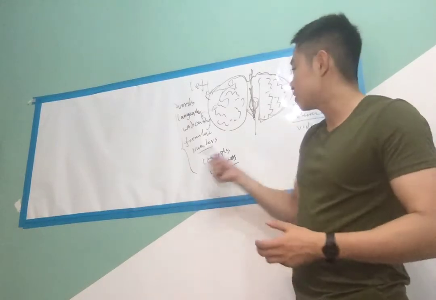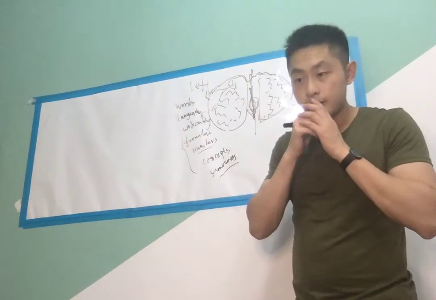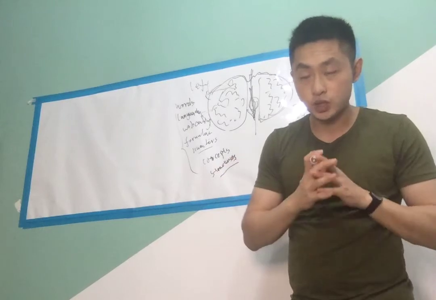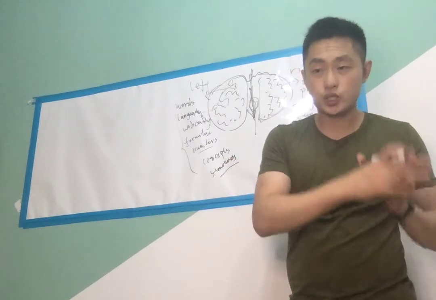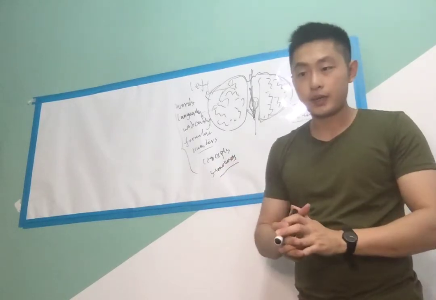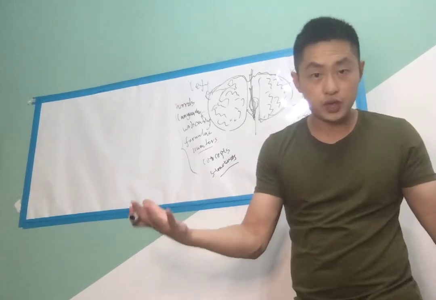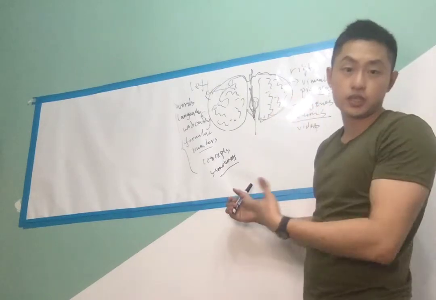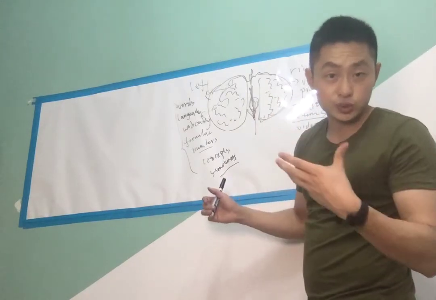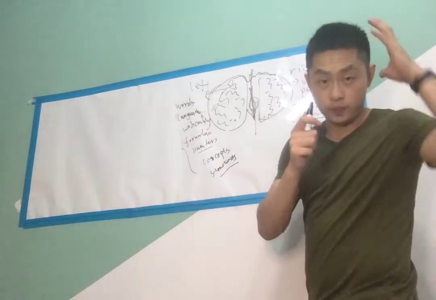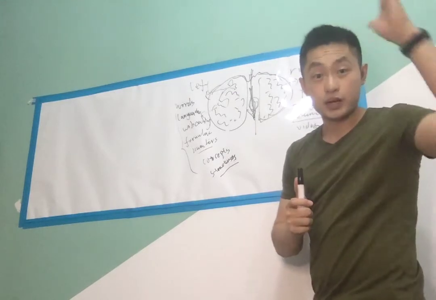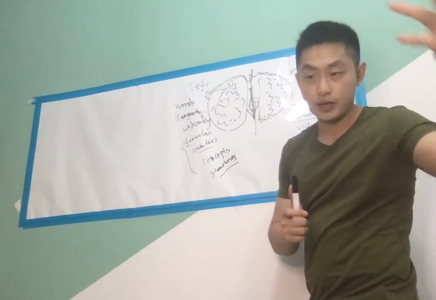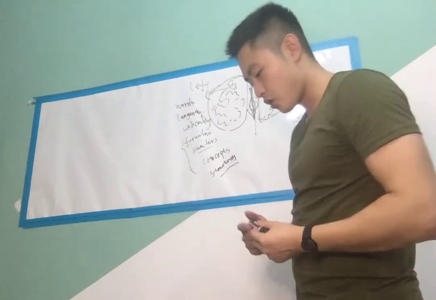So that's the basic functions, but that's not 100% certain because some people use the left brain and the right brain and use different functions to create different things. So that's the structure of our brain. If you understand this part, you are going to understand how our brain works and make better learning or make better decisions. So let's keep on going.